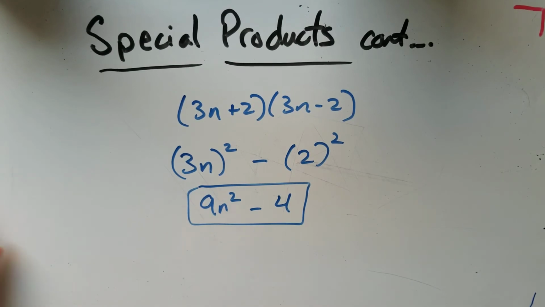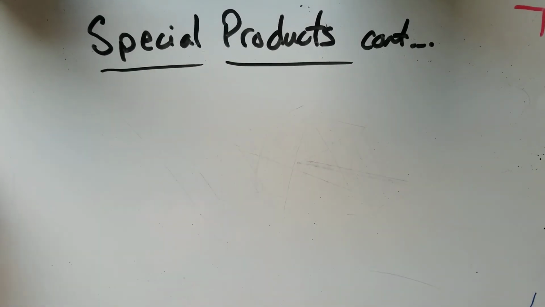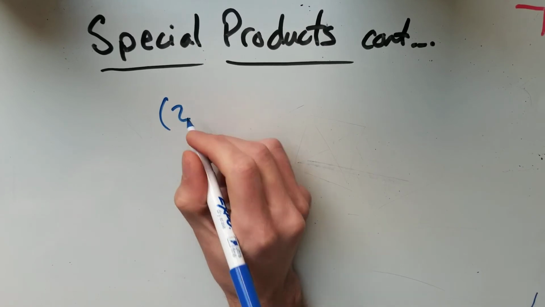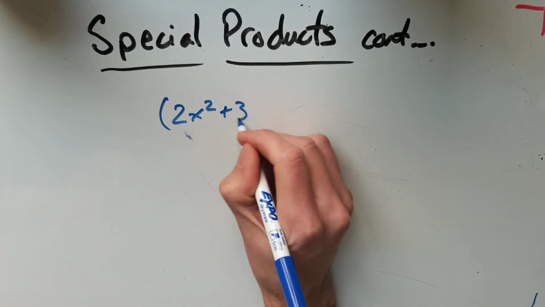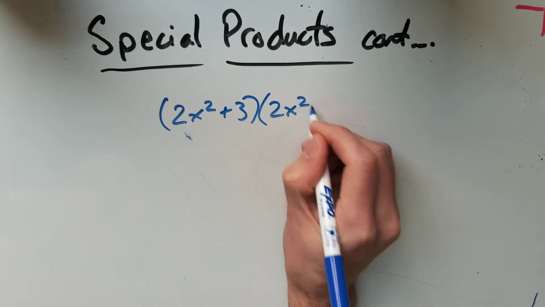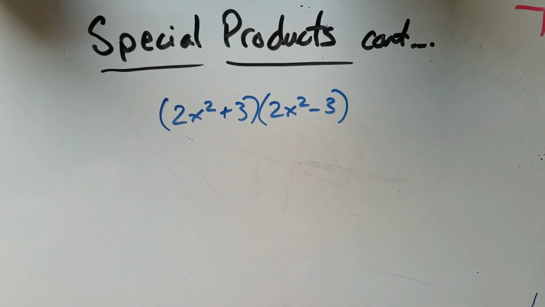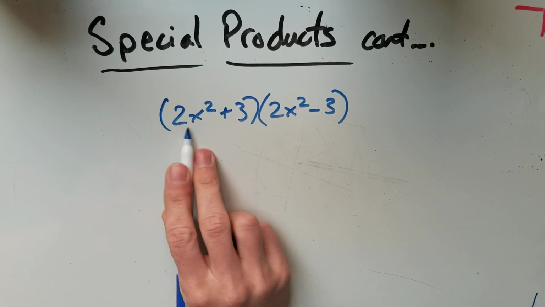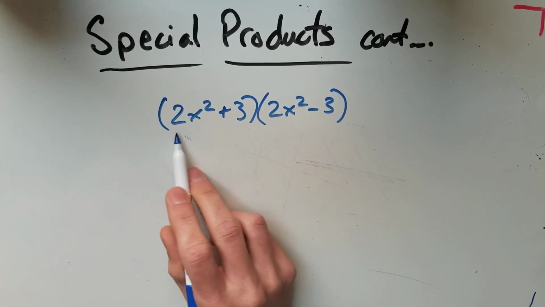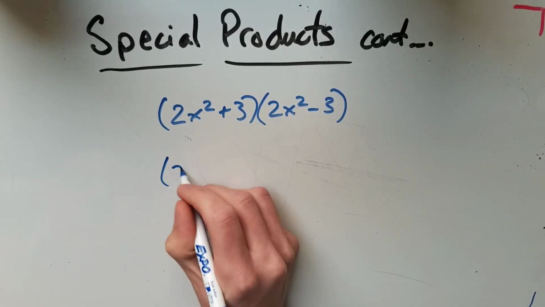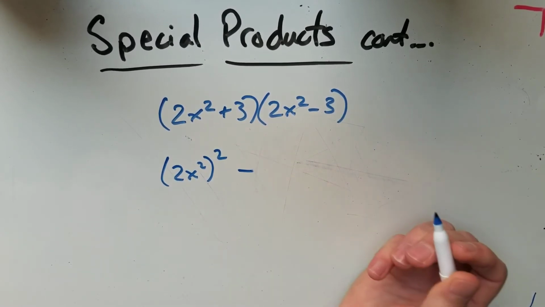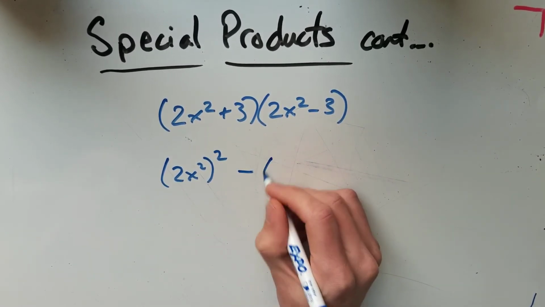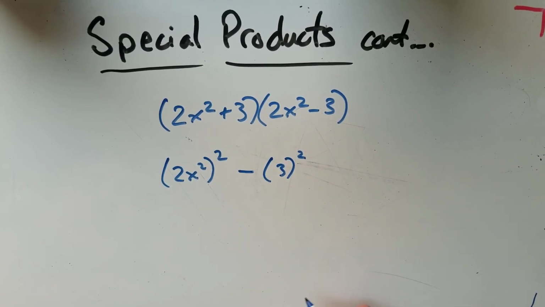And our last one that we have is 2x squared plus 3 times 2x squared minus 3. Notice your a's are the same, your b's are the same. A is 2x squared, so you're going to do 2x squared squared minus your b is 3, so minus 3 squared.